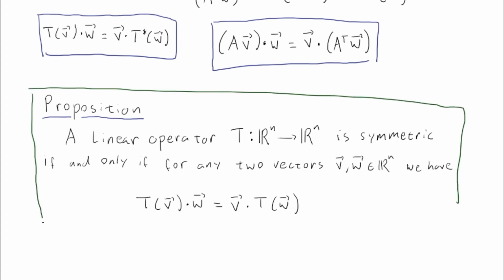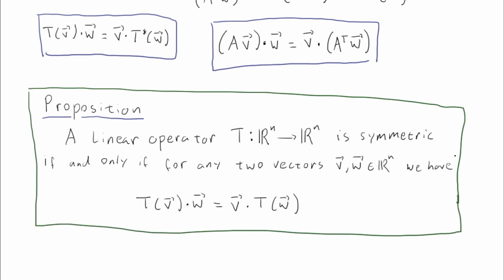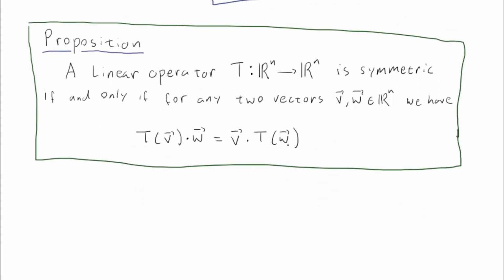An equivalent way of describing a symmetric operator. And now I don't need to talk about the matrix of this operator. Yeah, it's just a property that this operator satisfies, how it preserves the dot product in a way. So you can take T of V dot product to W, and you can send the T to the other side. Right? And if that's the case for any vectors V and W, then your operator is symmetric.